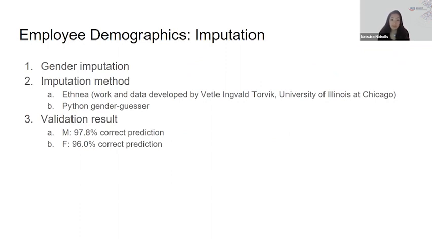From the last release, we started including imputed demographic variables. You probably wonder why we need to impute demographic variables. The data we receive from universities do not include true values of gender or ethnicity, race. This year, we started with the work of validation.